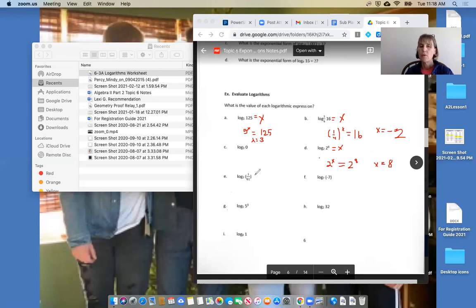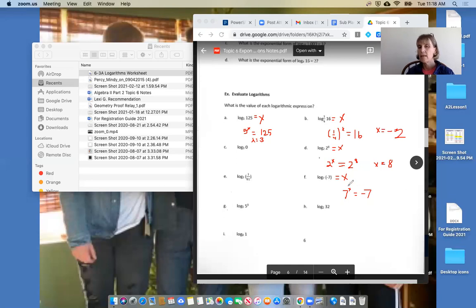Okay, you might want to go through and just check. Oh, actually, let's look at f. Okay, we do need to look at f. If I said log base 7 of negative 7 equals x, 7 to what power equals negative 7? Okay, and this is one if you put in several numbers.